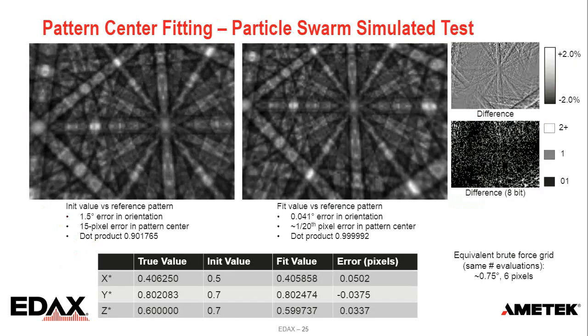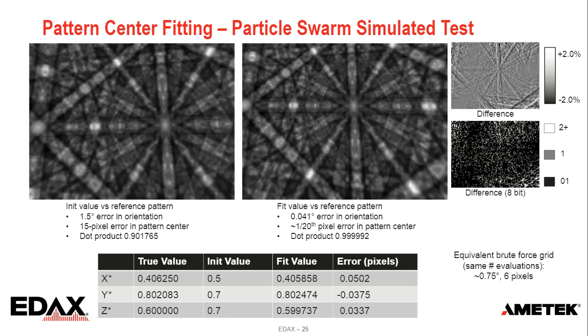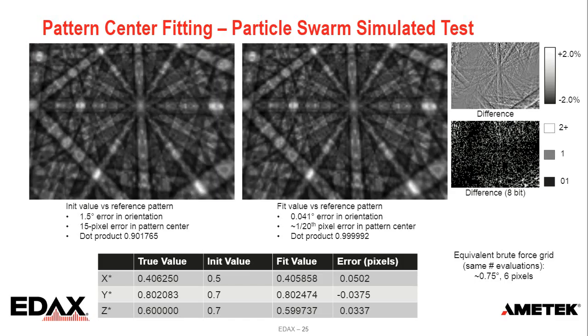So on the left here, it's flipping back and forth between the simulated pattern for an orientation and pattern center that I picked as the answer, because this is purely simulated, and the starting point. So you can see how big of an error it is visually, that 1.5 degrees plus a 15-pixel pattern center shift.